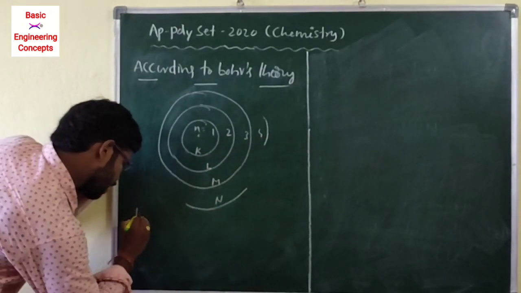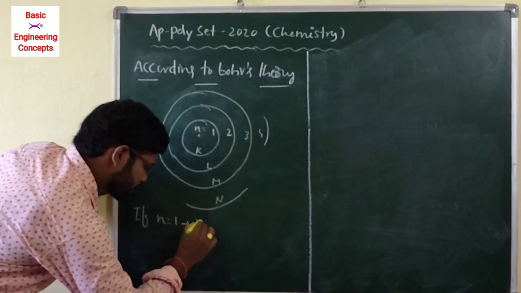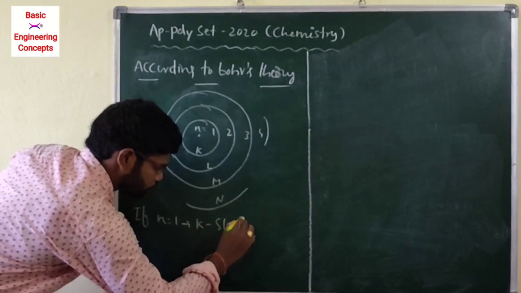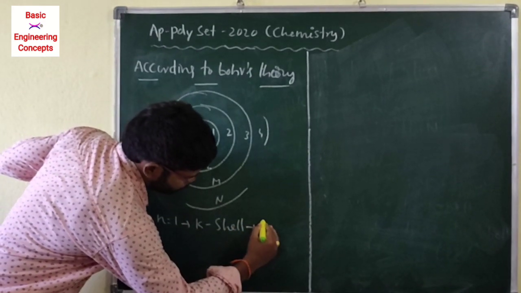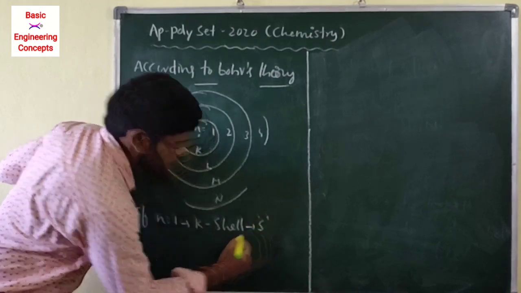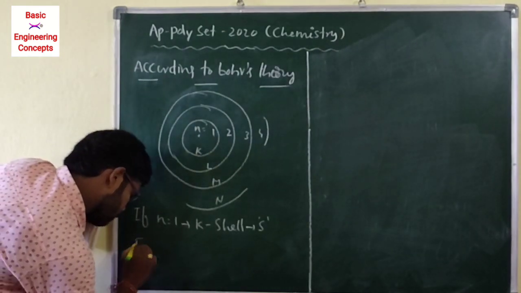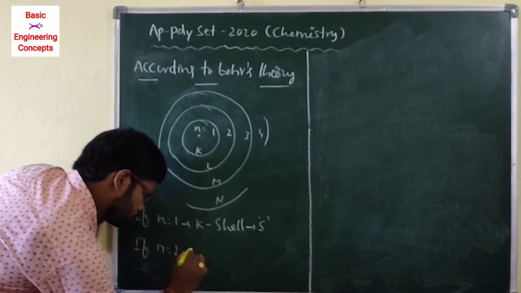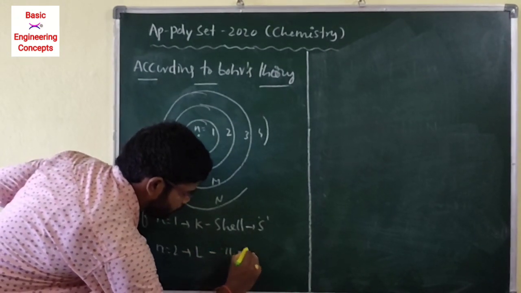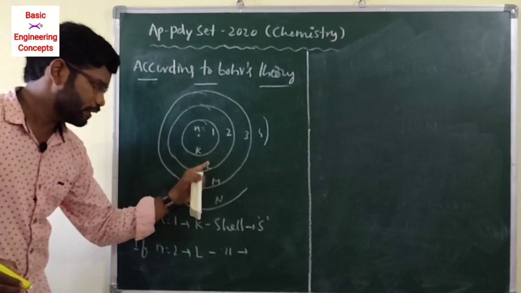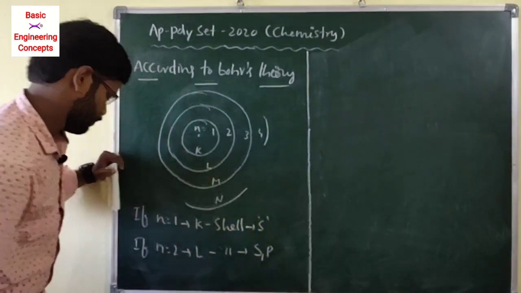If n equal to 1, it is the K shell. In the K shell, one subshell is present: s. If n equal to 2, it is the L shell, and 2 subshells are present in the L shell: s and p.